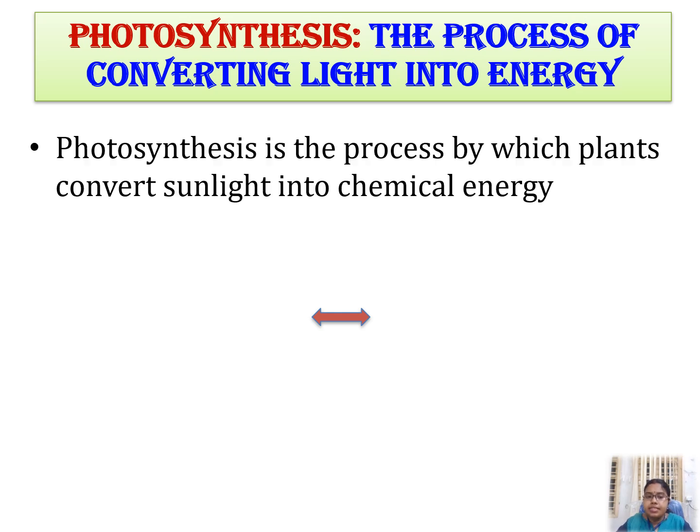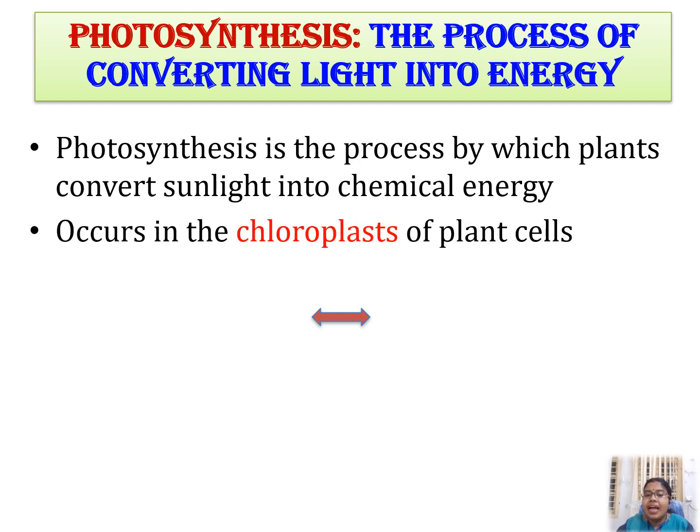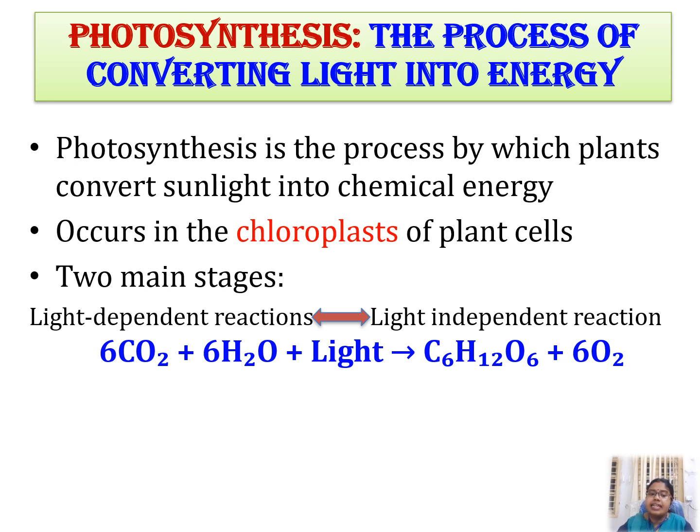Photosynthesis, the process of converting light into energy. It is the process by which plants convert sunlight into chemical energy. It occurs in the chloroplast of the plant cell. There are two main stages: one is light dependent, another is light independent.